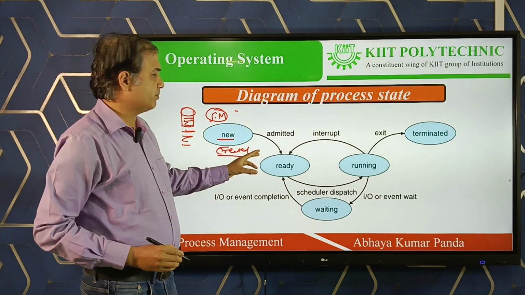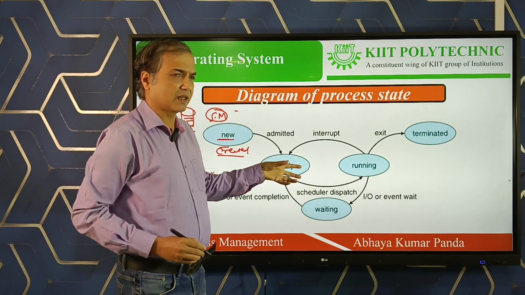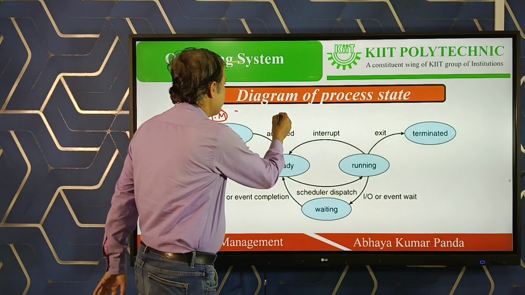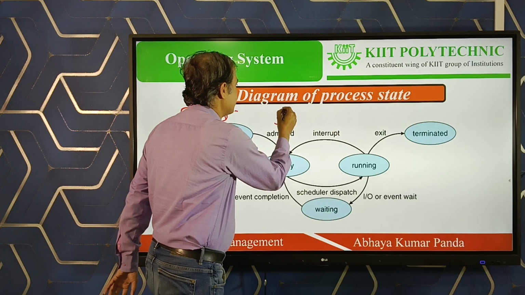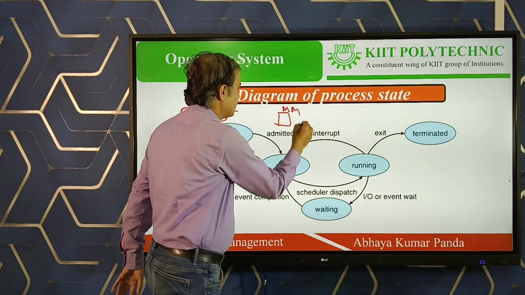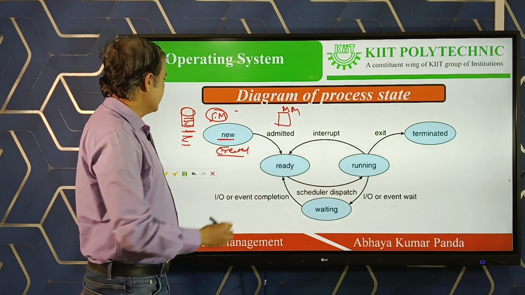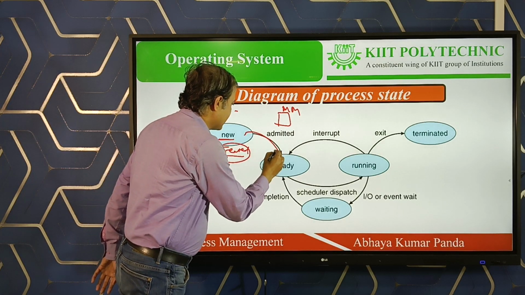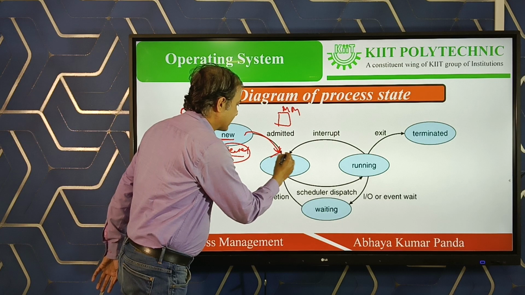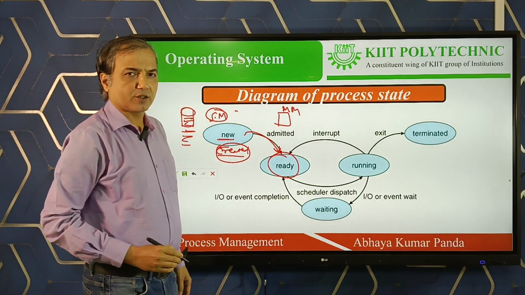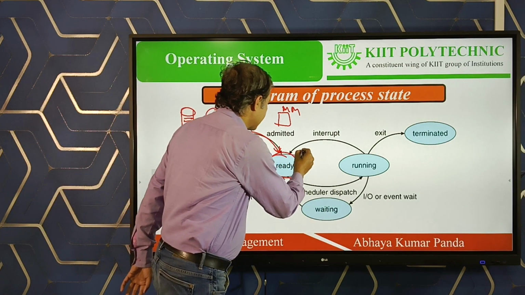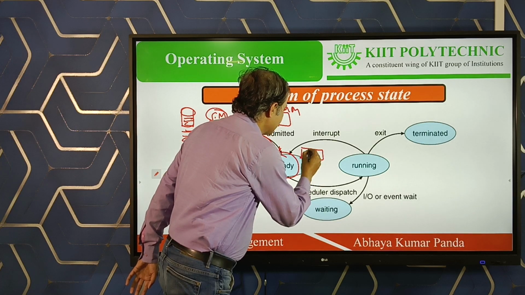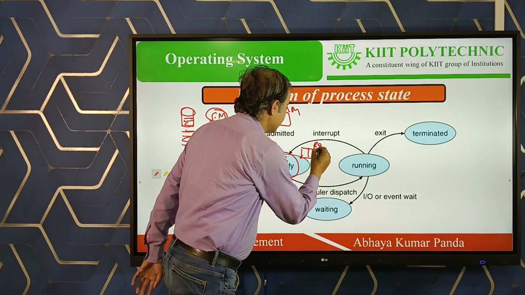All programs cannot be processed at a time because our main memory or RAM size is limited. When a process is created, it is transferred to the ready state for execution. In the ready state, it maintains a queue that is known as the ready queue.